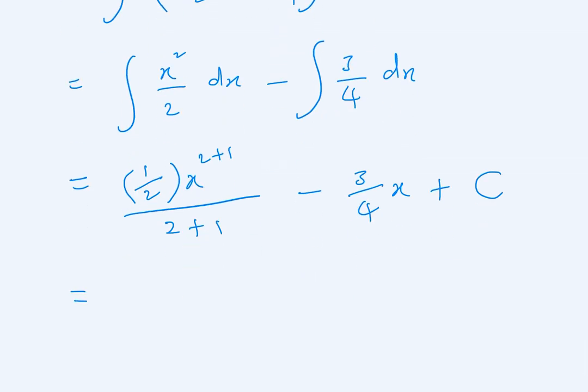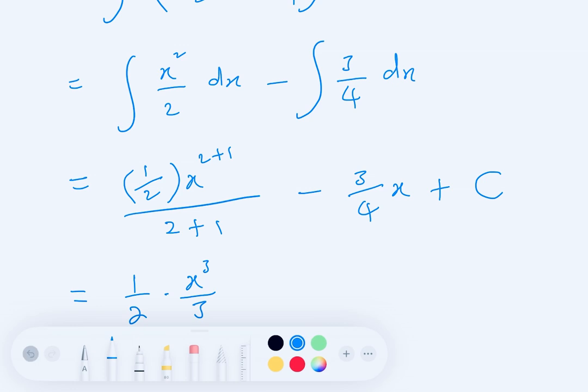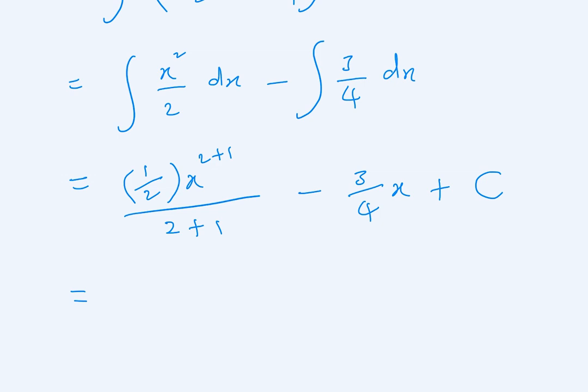So you go ahead and simplify this. You're going to have a half multiplied by x to the 3 over 3. Now the 2 times 3 will multiply out to give you 6, so you can just write 6 over there, because we multiply the half and the third.